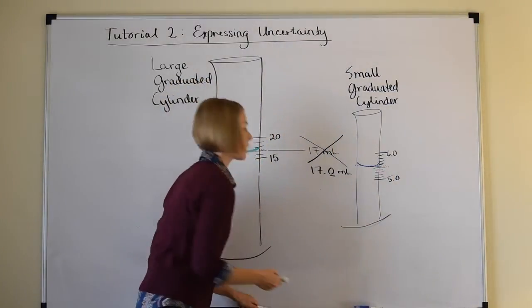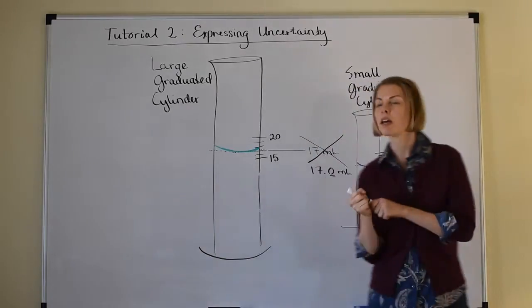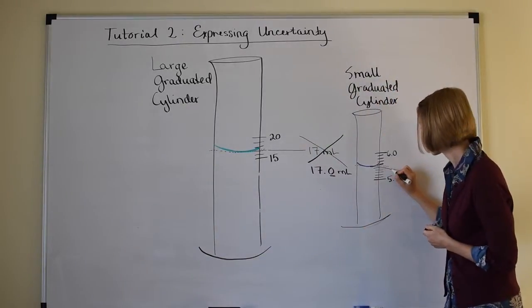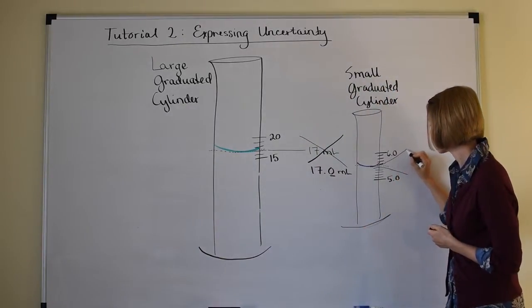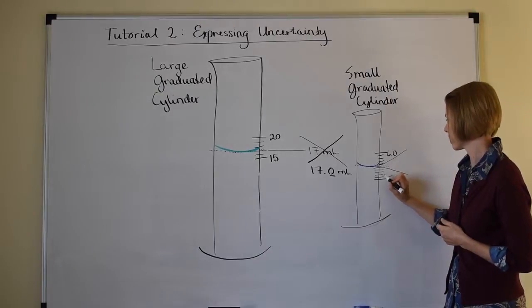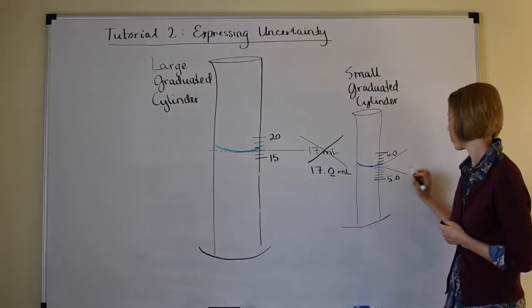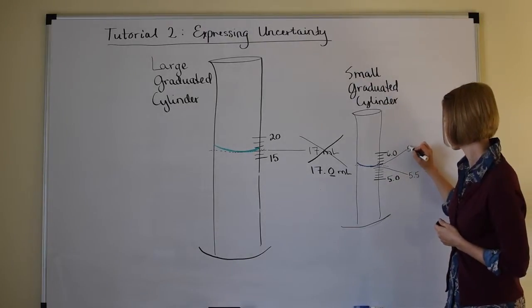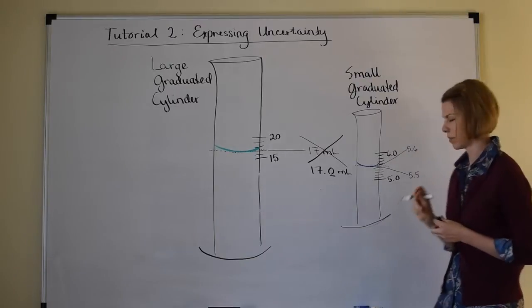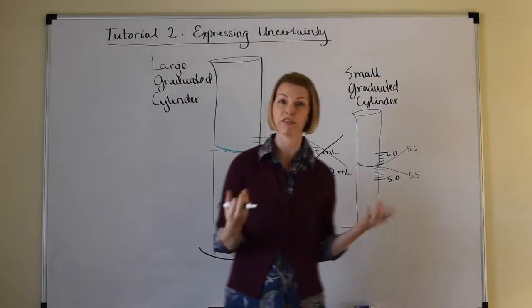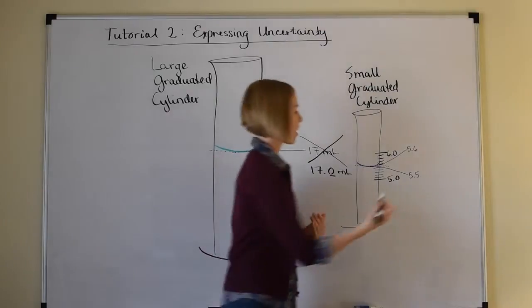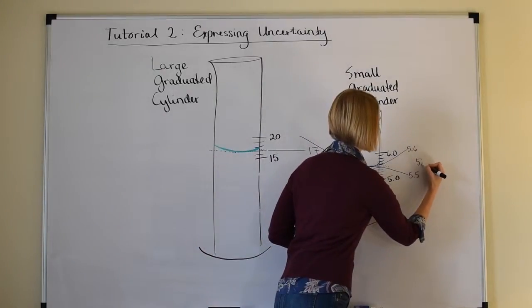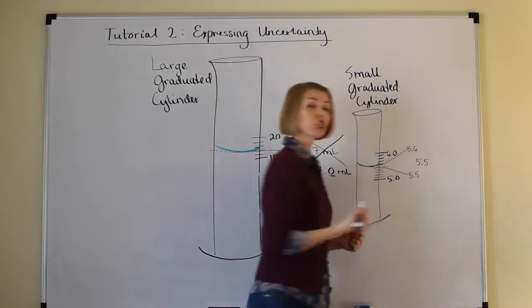All right, so we can see that the water level lies between these two increments here. So this is 5.0, 5.1, 5.2, 5.3, 5.4, 5.5, and 5.6. Okay. Lies somewhere between 5.5 and 5.6. So we can say 5.5 with certainty.